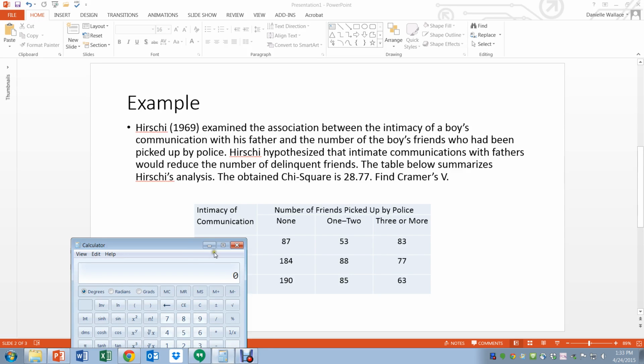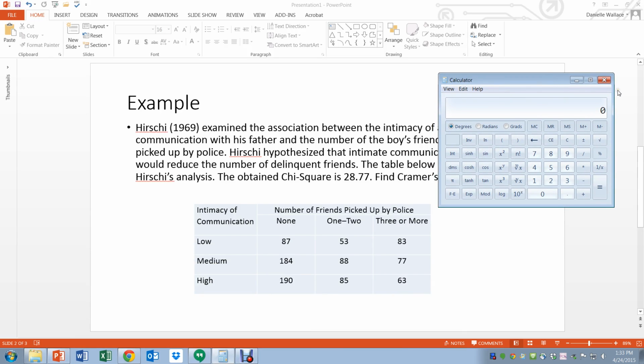So I'm going to quickly grab the n by simply adding all of the cells together. 87 plus 53 plus 83 plus 184 plus 88 plus 77 plus 190 plus 85 plus 63.